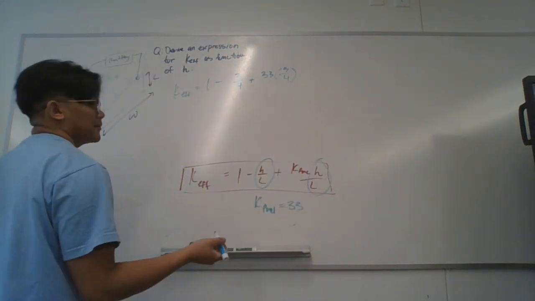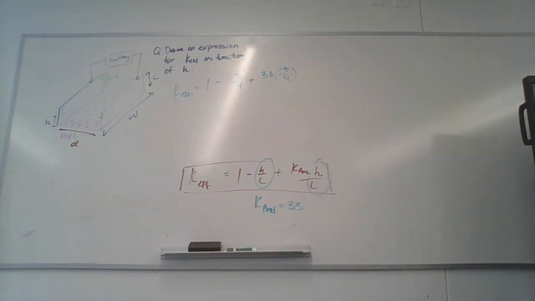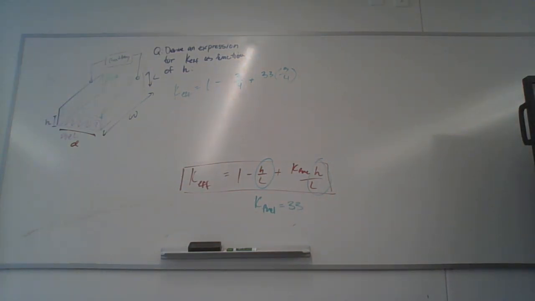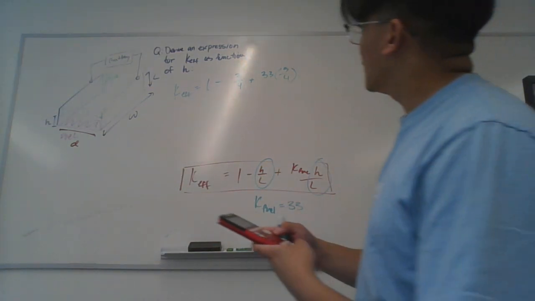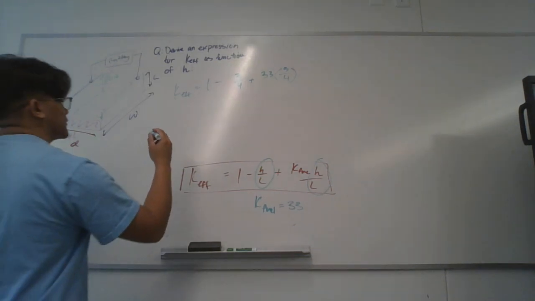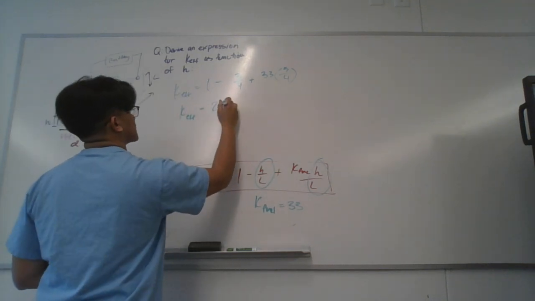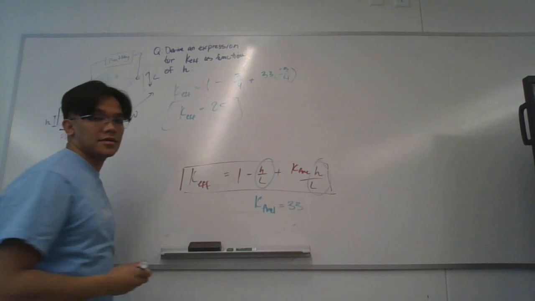If we do the math, grabbing my calculator, it's 1 minus 3/4 plus 33 times 3/4. That's going to give us K effective equal to 25. That's our final answer.